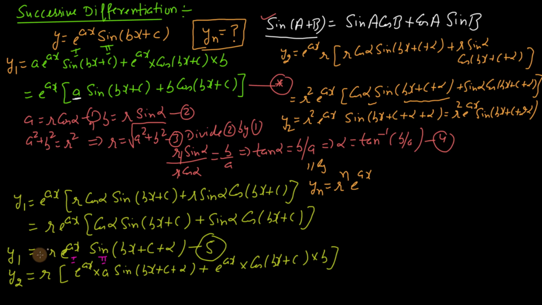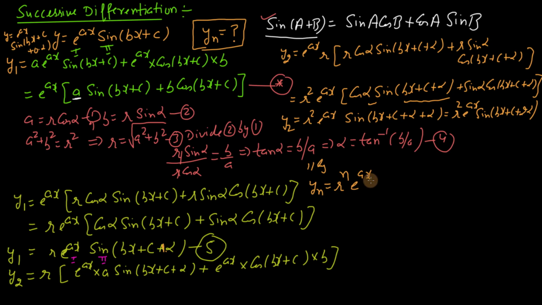Fine. When it is 1, bx plus c plus 1 alpha. Here it is nothing, so we can take it as 1 dot alpha. Here it is 0, so it can be treated as y is equal to e raised to the power ax sine bx plus c plus 0 dot alpha.